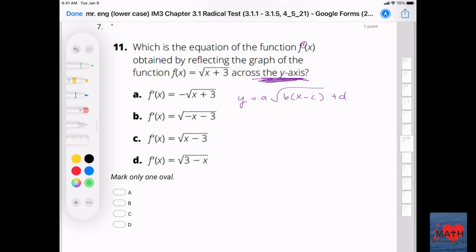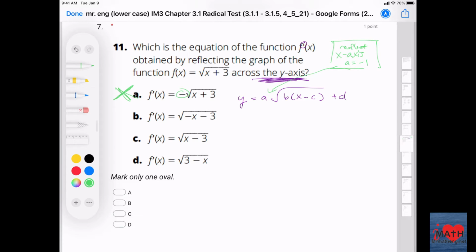Well, if you want to reflect over the x-axis, that would be making the a value negative. And that's actually choice A, but that's wrong because we don't want over the x-axis.